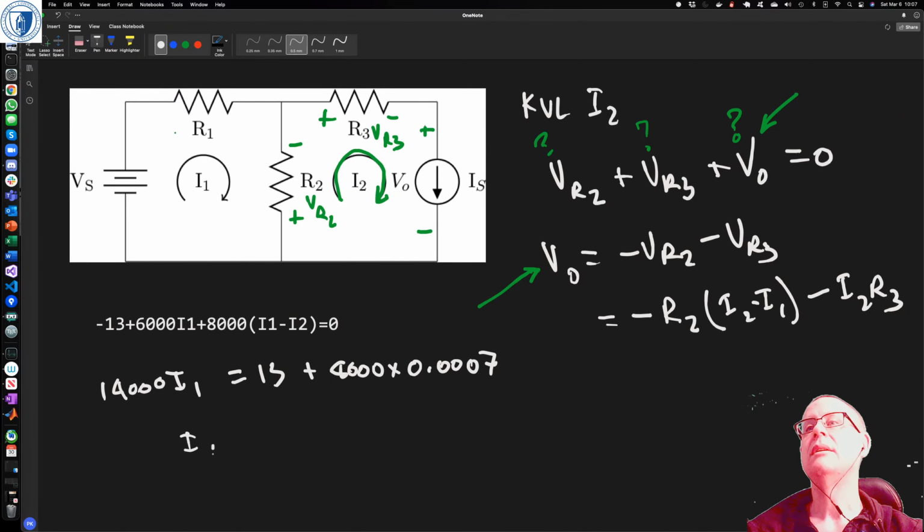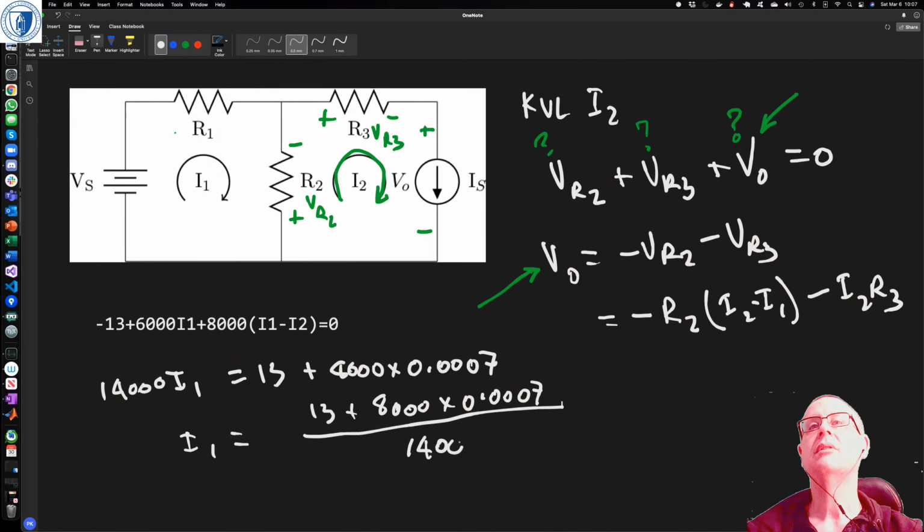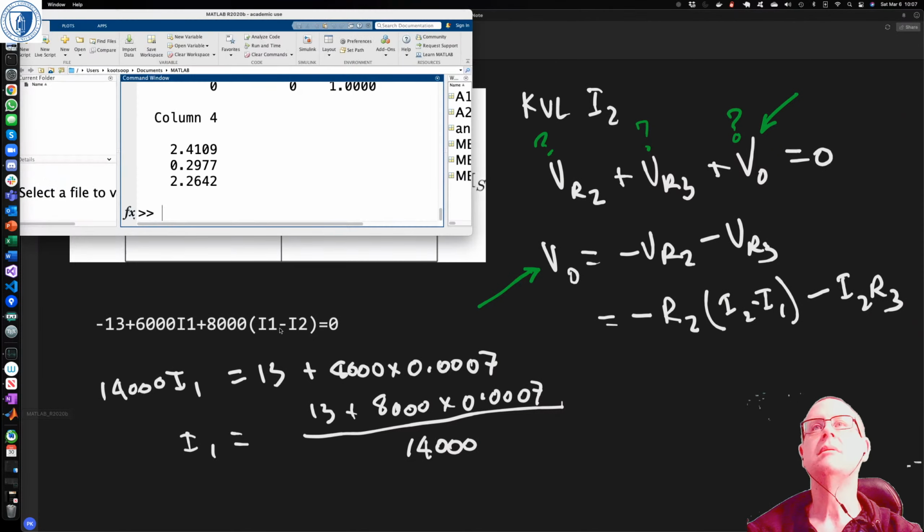So I1 is equal to 13 plus 8,000 times 0.0007 divided by 14,000. And now where's my trusty Matlab gone?